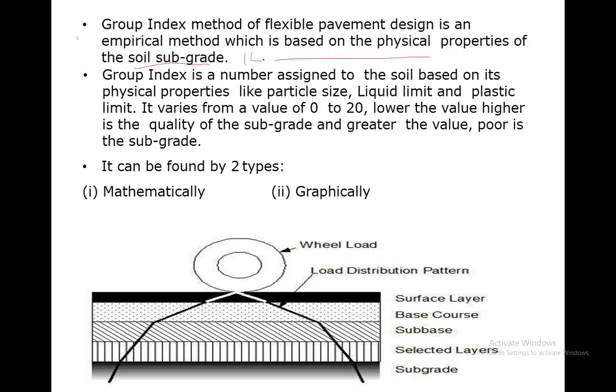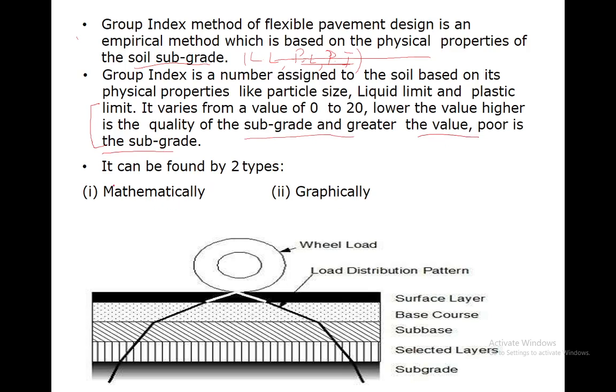All those values usually vary from 0 to 20. So the lower the value, the higher the quality of the subgrade, while if the value is greater, the subgrade quality is poor.